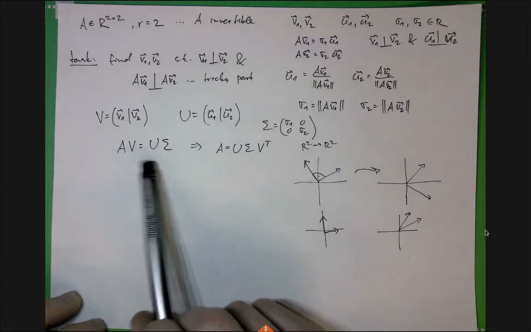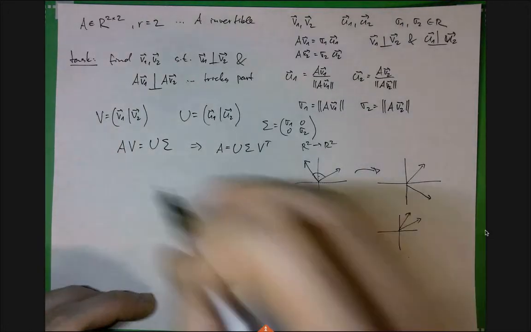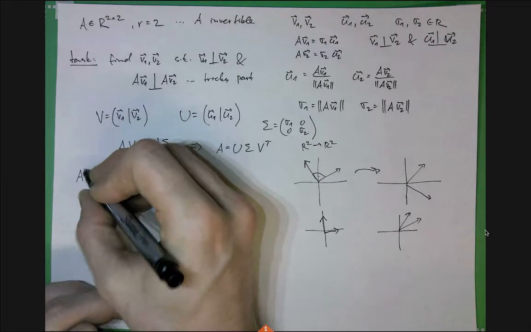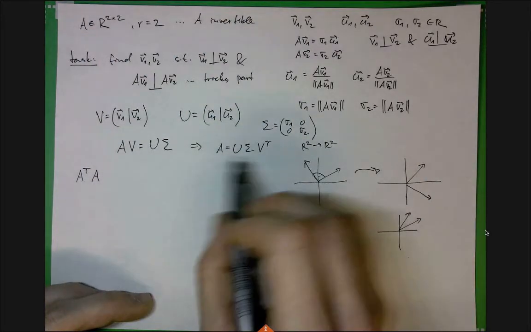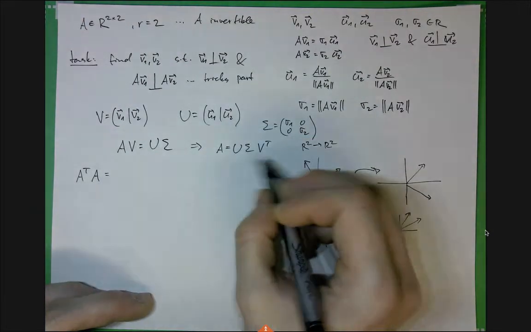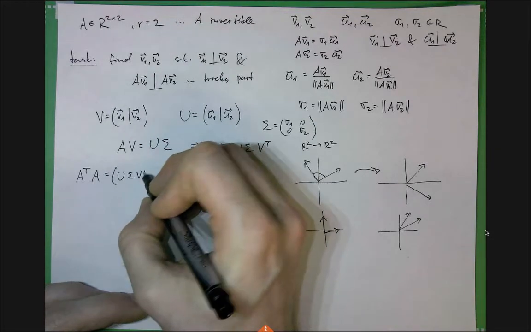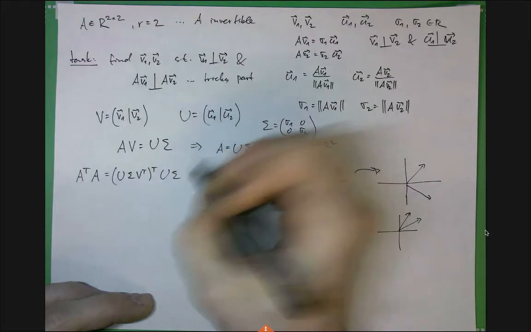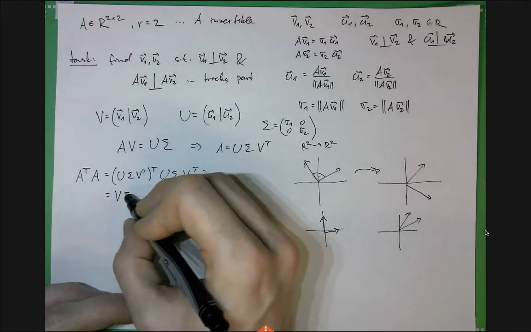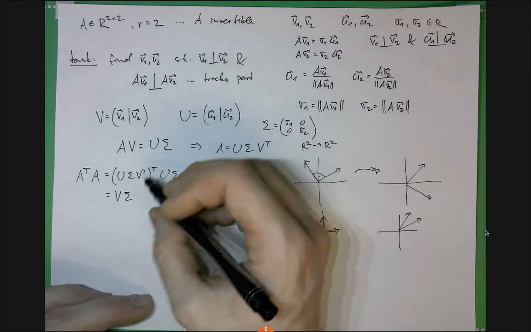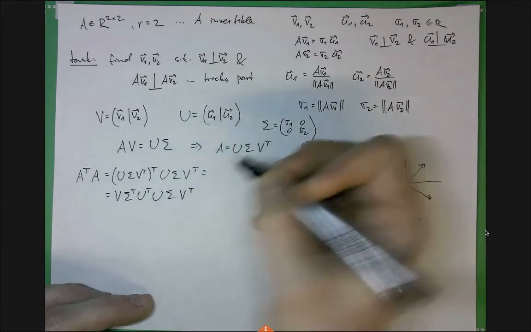So how can I find them? Here is the critical trick. The critical trick is to take A transpose A. Because if I take A transpose A, what happens to the SVD? What happens is U sigma V transpose, transposed, times U sigma V transpose, which is V sigma transpose U transpose U sigma V transpose.